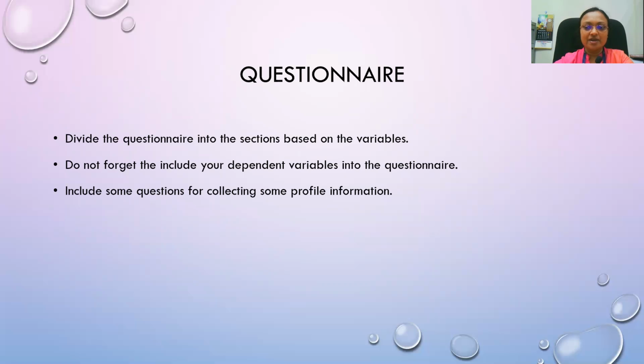So clearly divide your questionnaire based on your variables. And do not forget to include your dependent variable in your questionnaire. And finally, you can include some basic information to collect profile information of your respondents.